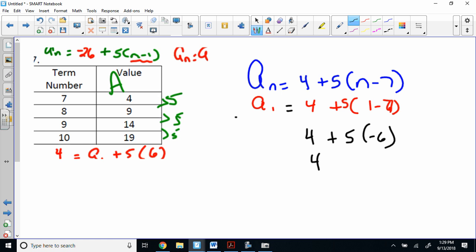It works. A sub 1 is negative 26, right? That is so cool. I wrote it in terms of the 7th term and then found the first term. How easy is that? That's like rock star material right there.